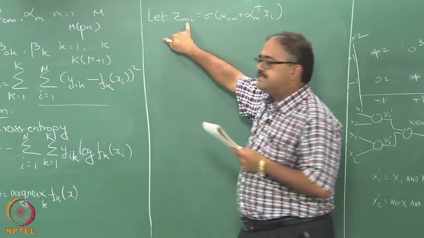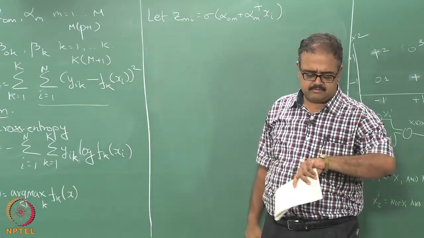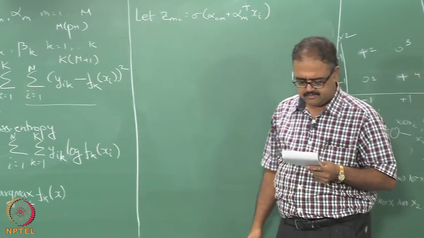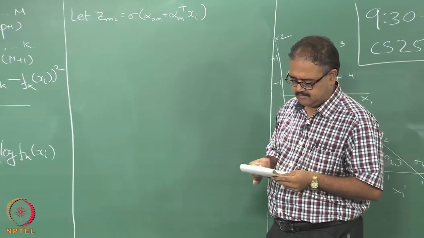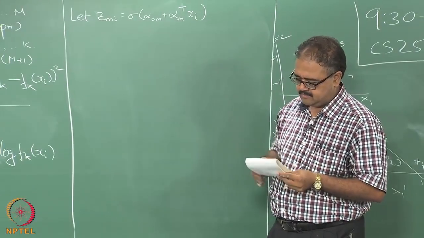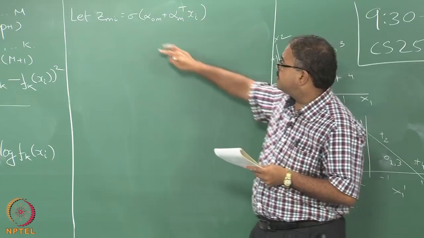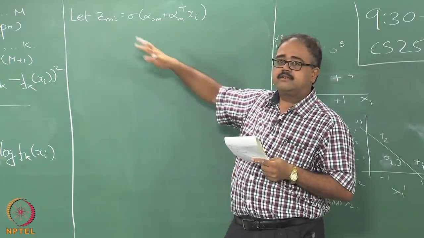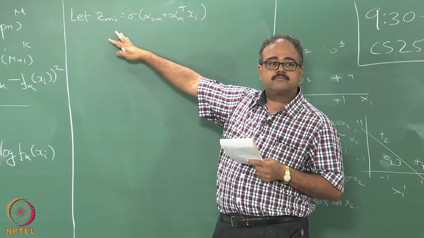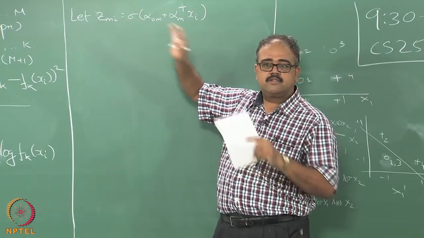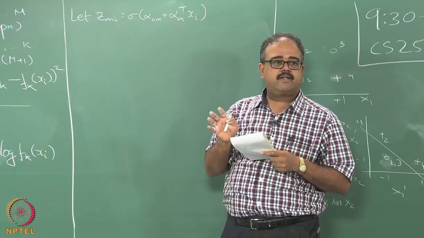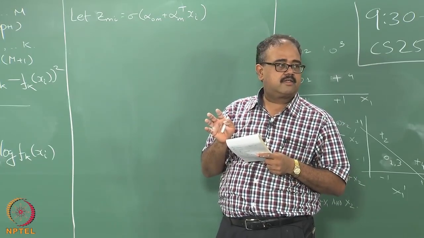Right. So let z_mi correspond to the output of the mth unit in the hidden layer corresponding to the ith input. This is not the ith component of the input, it corresponds to the vector x_i.